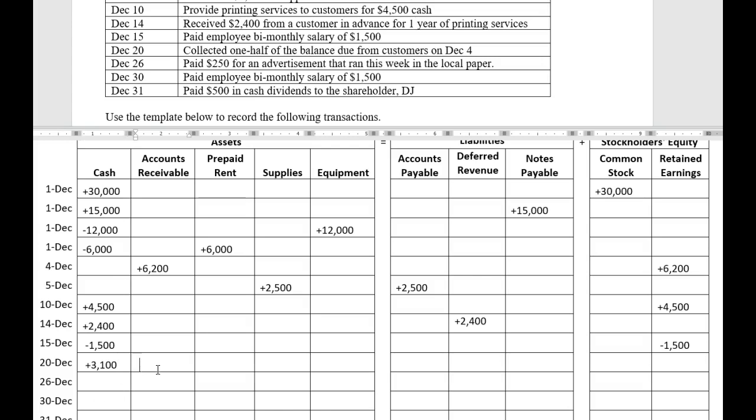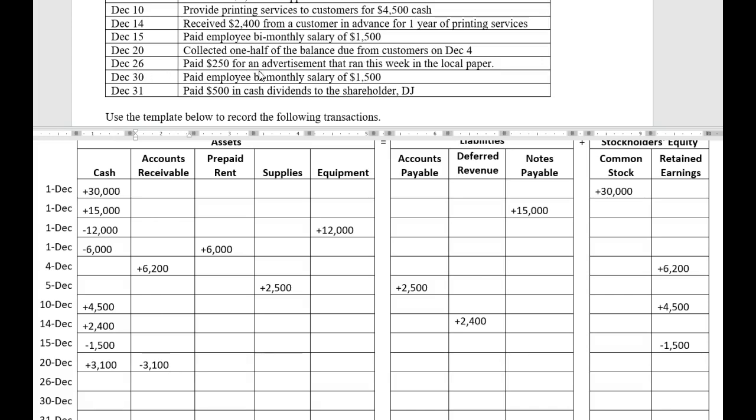Then, as we collect the accounts, our receivable is going to go down. A lot of people want to add revenue here. We didn't provide any more services. We had already done that and already recognized the revenue. In this case, all we're doing is collecting on the balance due. In other words, now our customers no longer owe us $3,100, so we need to reduce the balance they owe us, and they paid it in cash. Okay, so be careful with that not to recognize additional revenue.